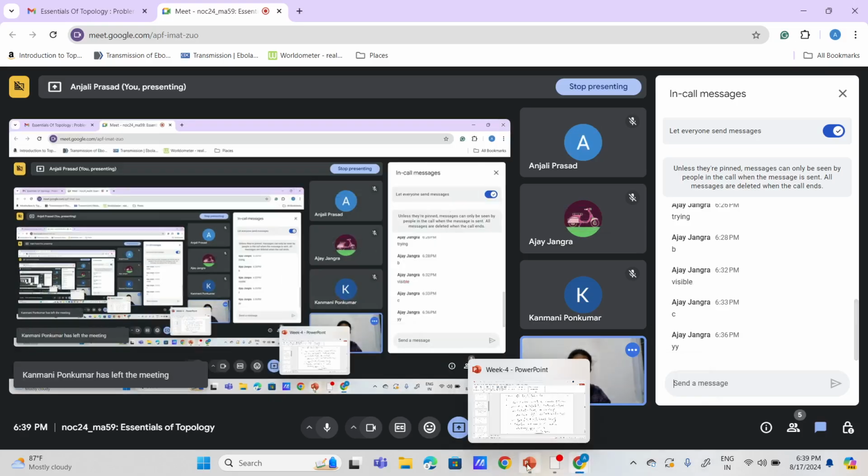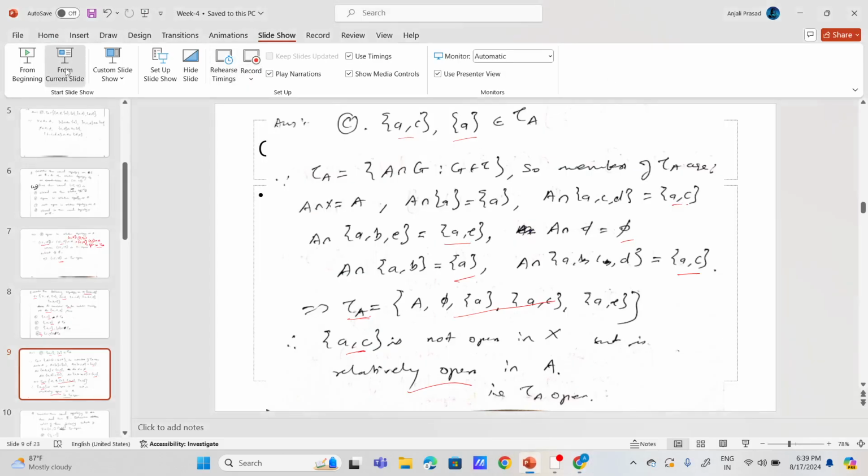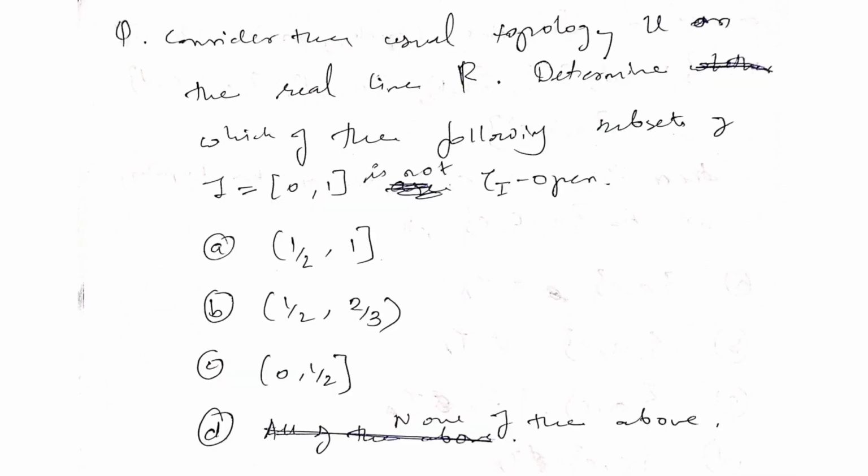Okay. So the next question is: consider the usual topology U on the real line R. Determine which of the following subsets of I, equal to the closed interval 0, comma 1, is not tau I open.